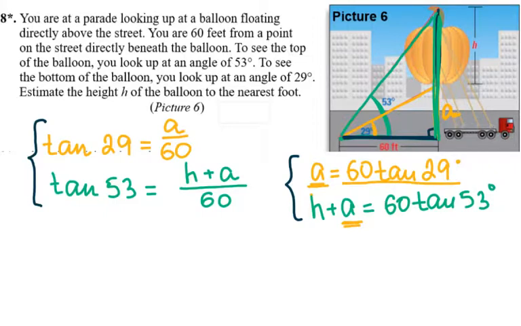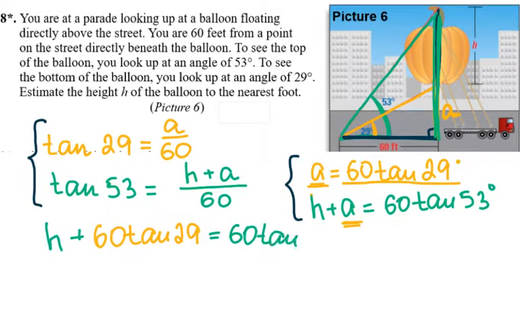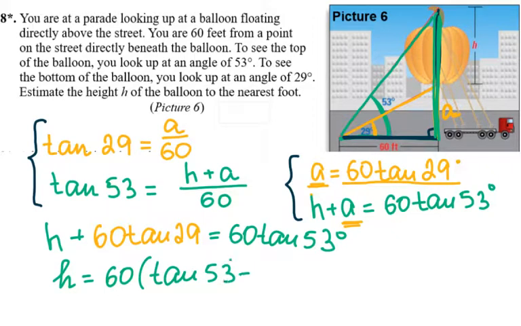So what I have is h plus 60 tangent 29 is equal to 60 tangent 53. So h is equal to, I'm going to subtract and take 60 out, 60 times tangent of 53 degrees minus tangent of 29 degrees. And that gives me 46.4 feet.